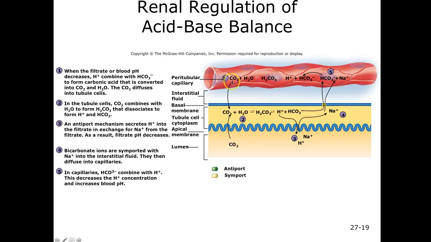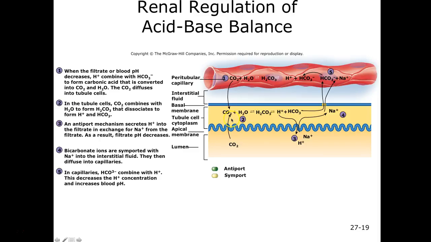At number 1 here, our blood pH is going to decrease. So we have our hydrogen combining with bicarbonate ion, and that's shifting everything over to the left. We get our carbonic acid that gets shifted into our carbon dioxide and water, and that diffuses easily into these kidney tubules.